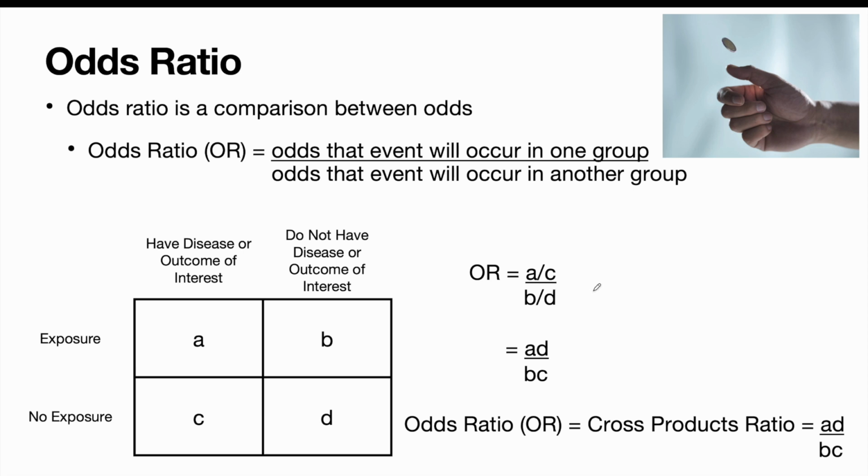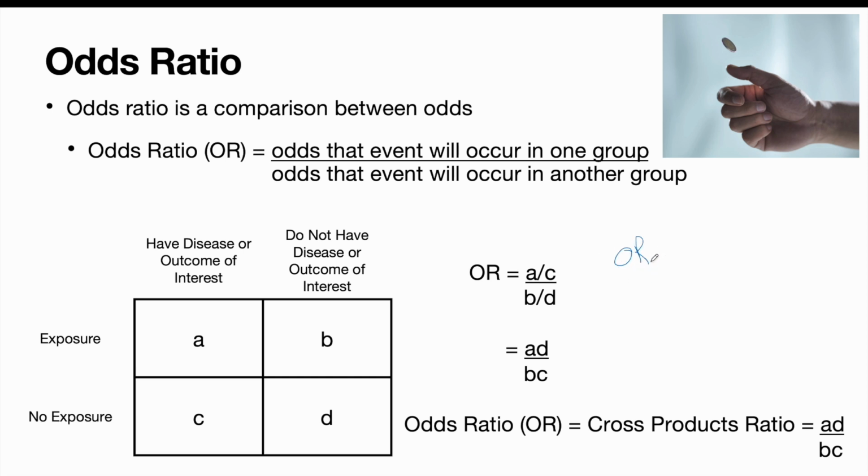So we can also ask it the other way. We can say, what are the odds that a person who was exposed has this disease or outcome of interest? That would change our equation a little bit.